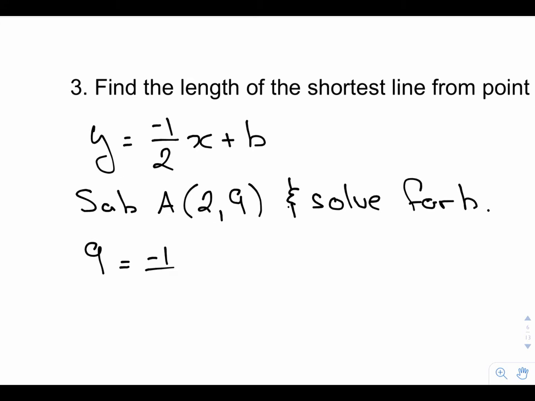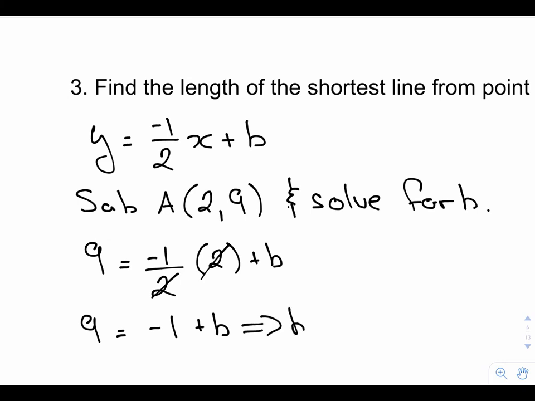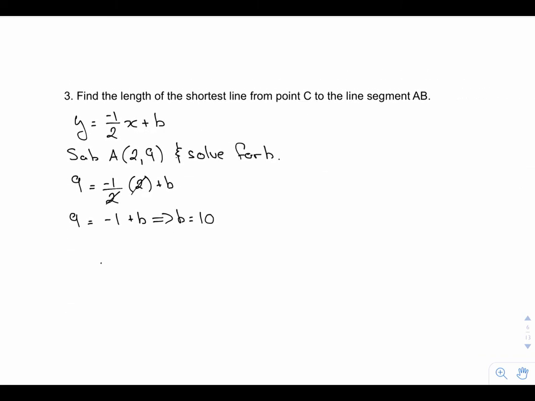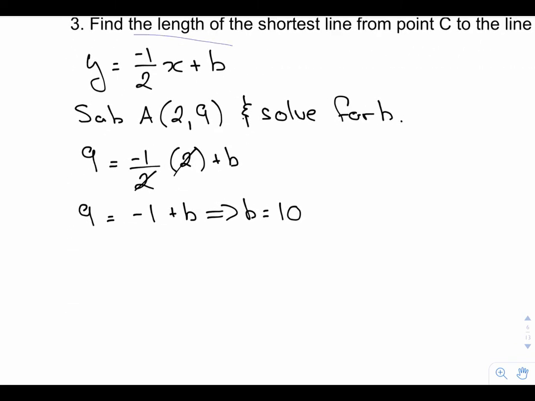That equals negative 1 over 2 times 2 plus b. That gives me 9 equals negative 1, because the 2's cancel, plus b, which means that b is equal to 10.